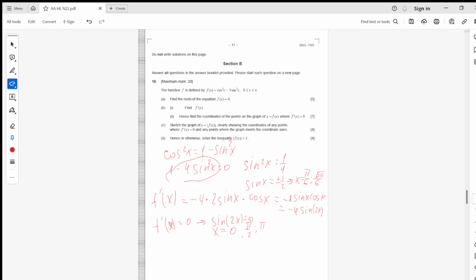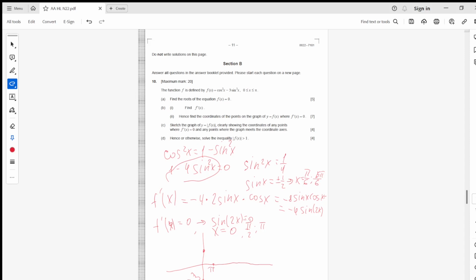Let's sketch the graph for the next question. So the maximum value would be 1, and the minimum value would be minus 3.